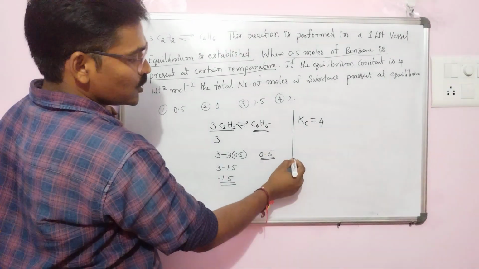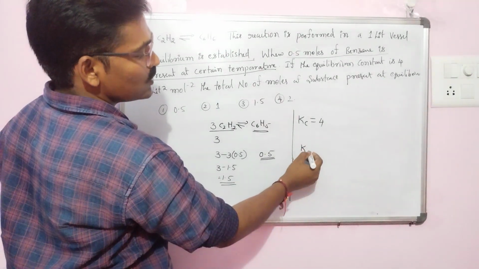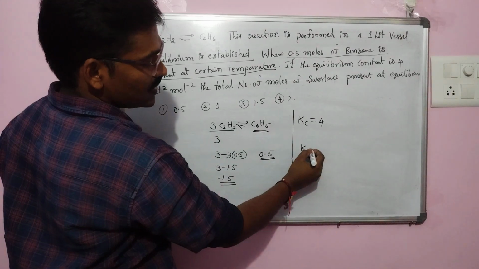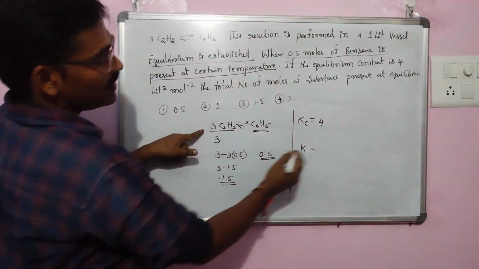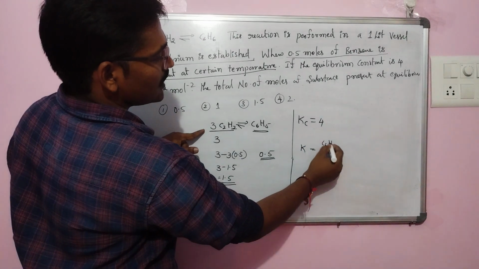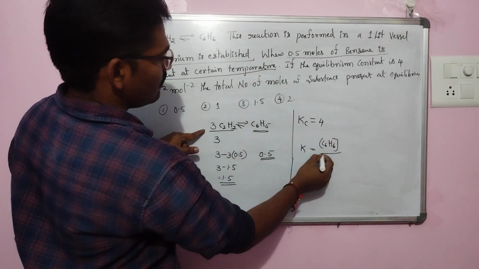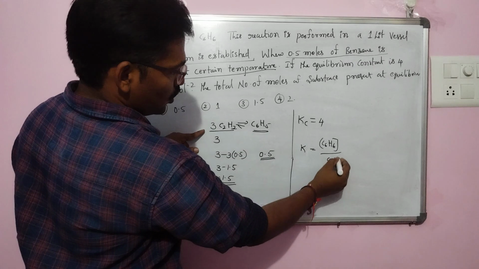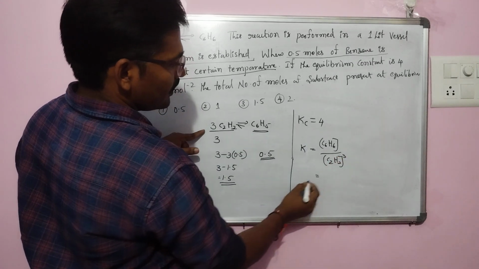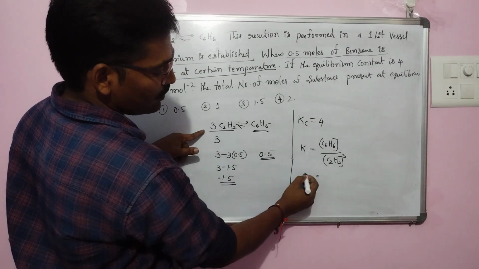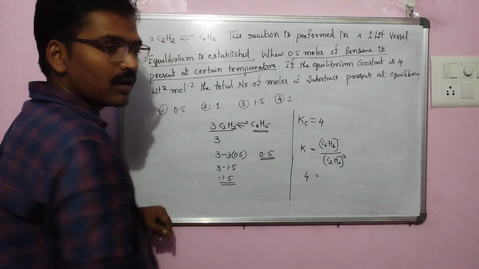Now if you substitute in the Kc, the equilibrium constant equals what? For this reaction, how to write it? Kc equals C6H6 divided by C2H2 to the power cube. Kc value is 4, the equilibrium constant value.